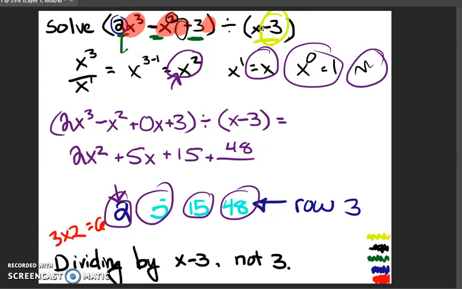It's a remainder, so this number hasn't been divided by the 3 yet, as it was the last number. So we're just going to assume that whoever's doing it can do the division on their own, because they're special like that. So this x minus 3 comes down here. And this is your end answer.